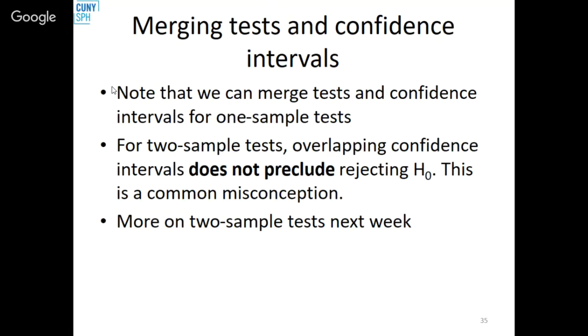We're going to get to two-sample hypothesis tests next week. But in short, if you were to use a confidence interval in place of a two-sample hypothesis test, what you need is a confidence interval on the difference in those two means, not confidence intervals for each of the means separately.